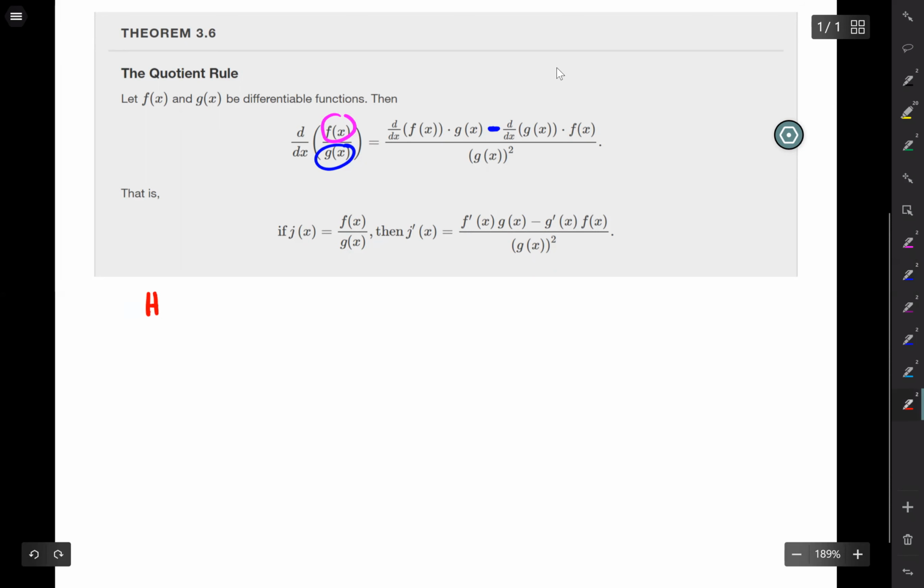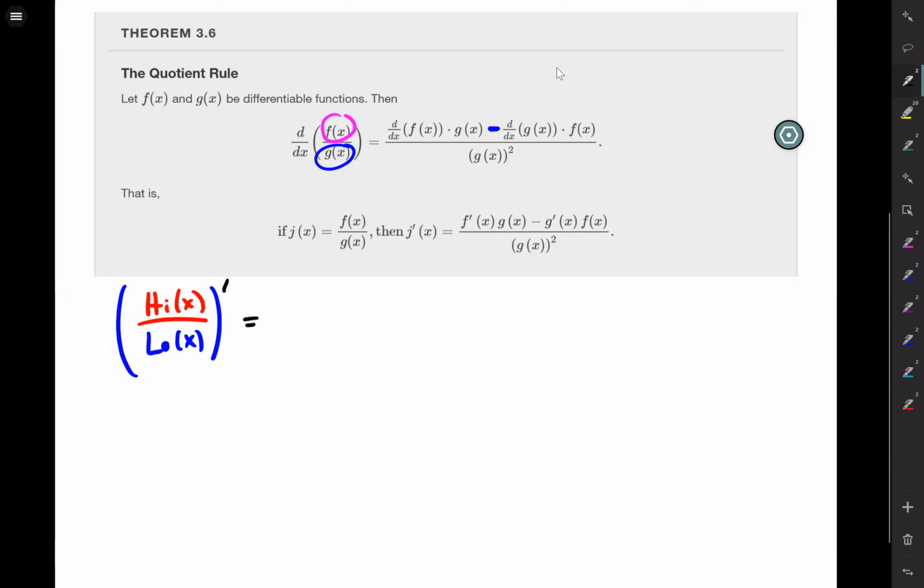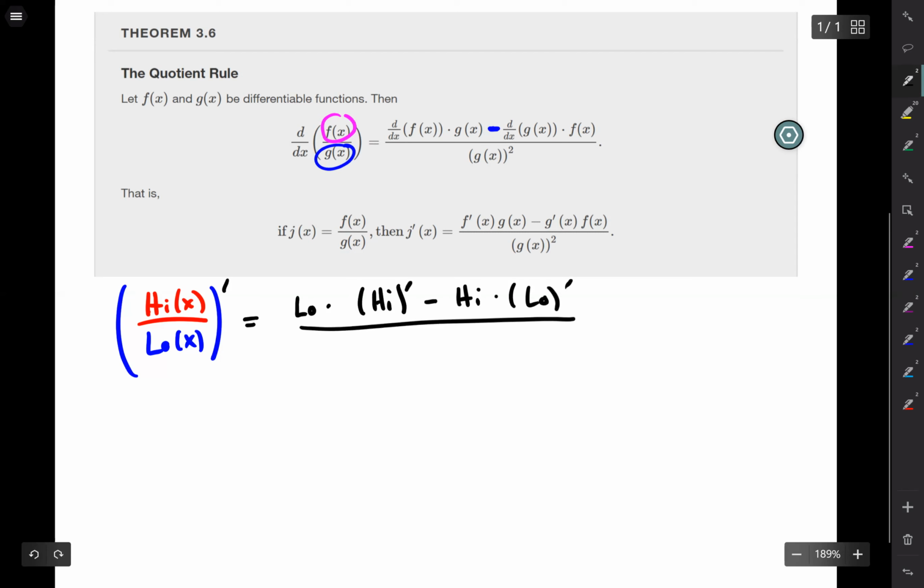Now, the way I remember this is slightly different. What I think of is if f of x is the high function and g of x is the low function, then if I want to take the derivative of that, and I'm going to use the prime notation here, the rhyme goes: low d high, so d high means take the derivative of high, so maybe I'll just write high prime, but low d high minus high d low all over the square of the thing below.